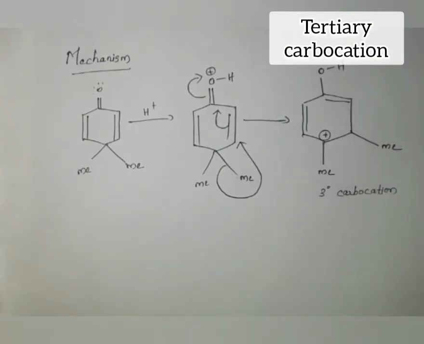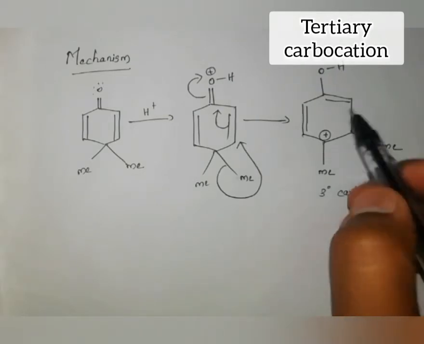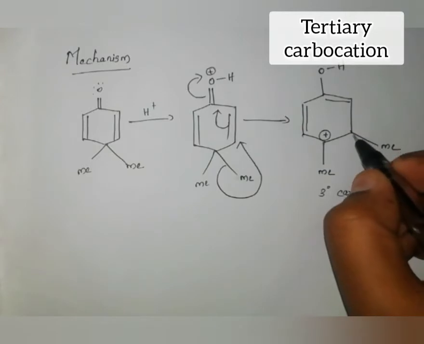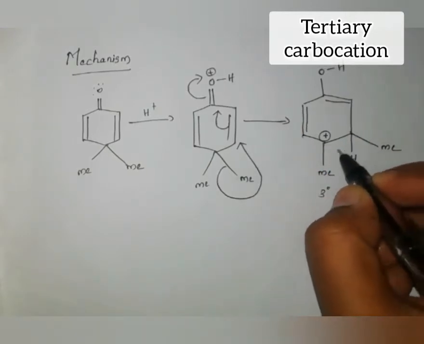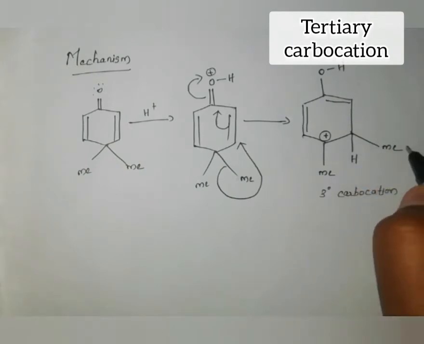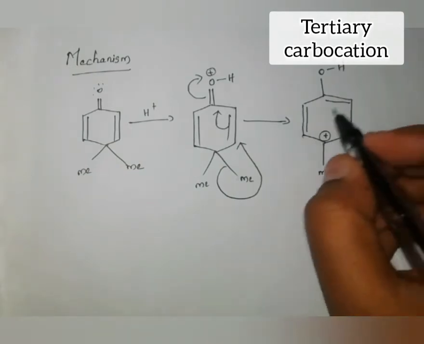So this is a tertiary carbocation, and in the next step, here there is one hydrogen, so this hydrogen loses as an H plus ion and gives an aromatic compound.